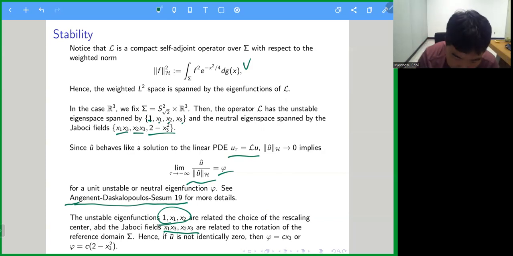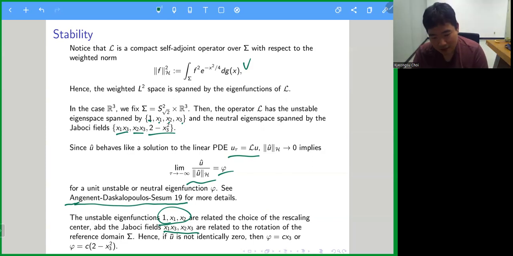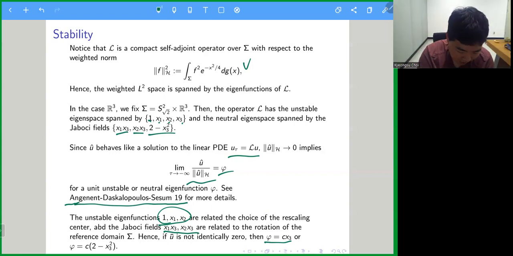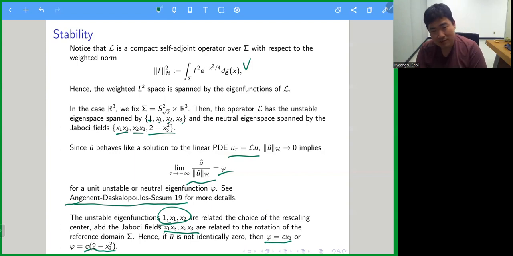So the only possible cases are that our profile function u is identically 0, or just x3 times some constant, sure, because x3 is not a neutral eigenfunction, or it's just a constant times 2 minus x3 squared. Only two cases.